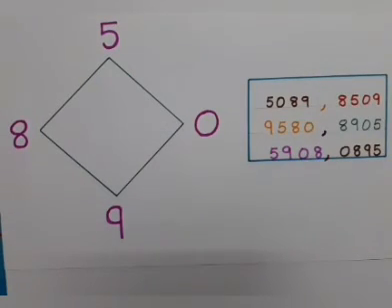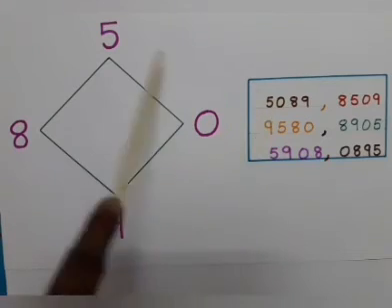Now children, this is another example. Again, there are 4 numbers. Number 5, number 8, number 9 and number 0. Now in the same way, we are going to form 4-digit numbers using all these numbers only once. Now see here.